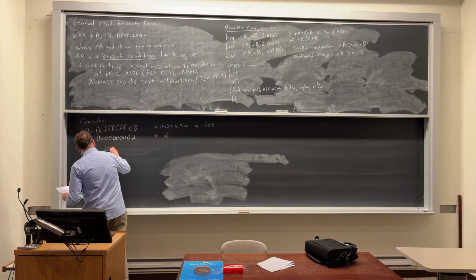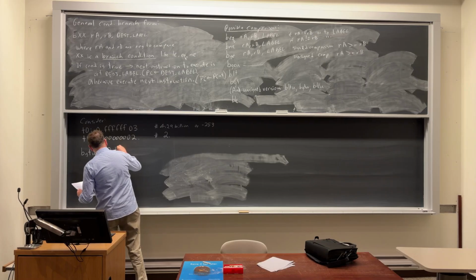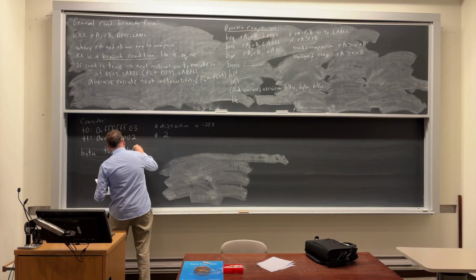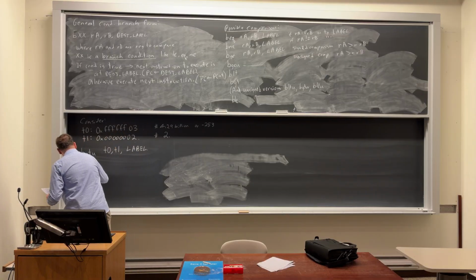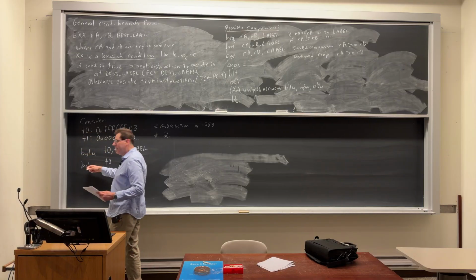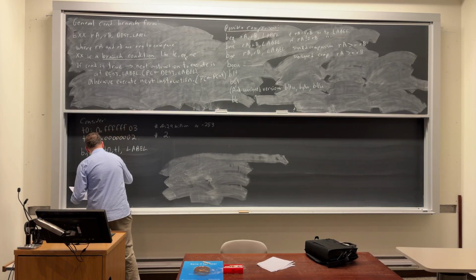If I want to compare them as unsigned values, I use the unsigned version of branch greater than. And if I want to consider them as signed values, then I leave the U off. I use branch greater than.